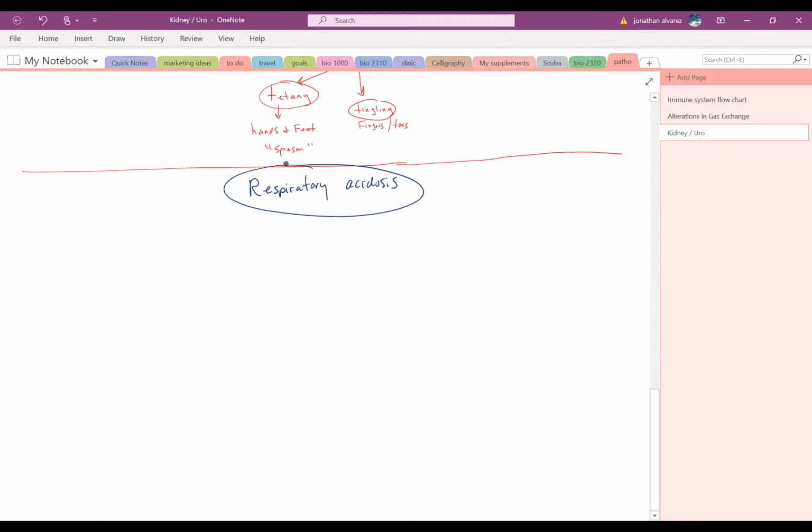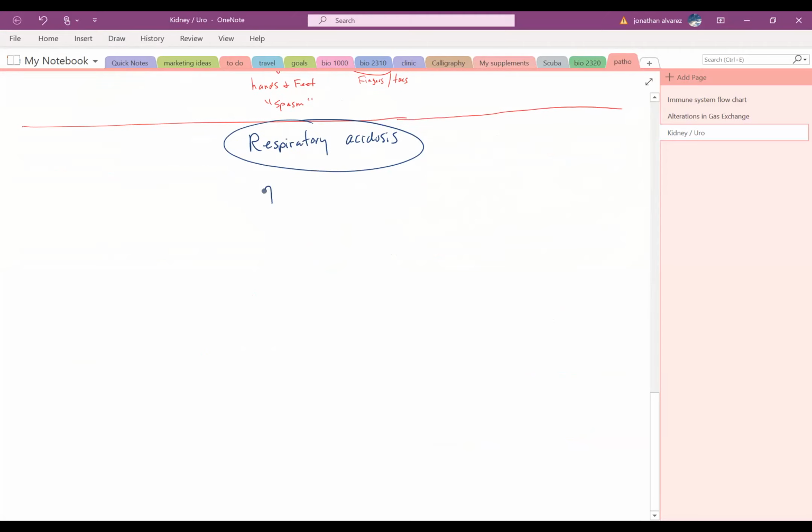Okay. So respiratory acidosis is an increase in carbonic acid. Okay. And then keep in mind, carbonic acid is excreted by the lungs. Okay.